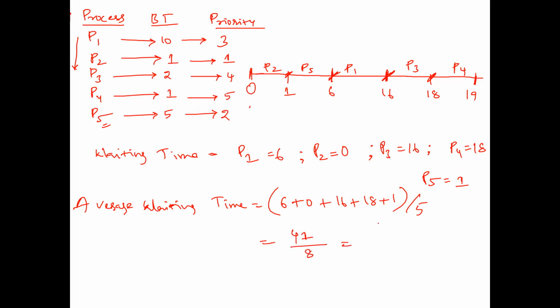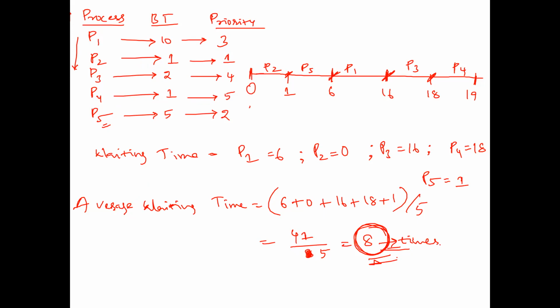It is 8 point something, so 8 units of time is the average waiting time. So by using the priority scheduling algorithm for the given processes, it is 8 units of time.